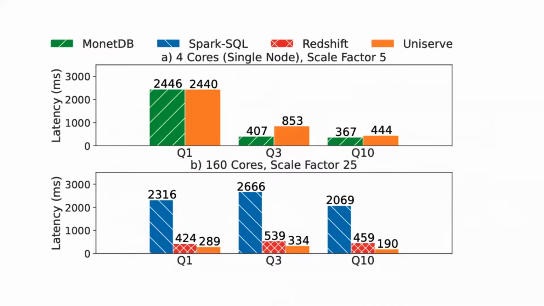The next benchmark is the TPCH benchmark on 4 cores on a single node, which is the first figure. In this, we see Uniserve is mostly competitive with the native ones. This can be due to the communication cost during the scatter and gather phase that Uniserve has. On 160 cores, Uniserve easily outperforms Spark and matches that of Redshift.